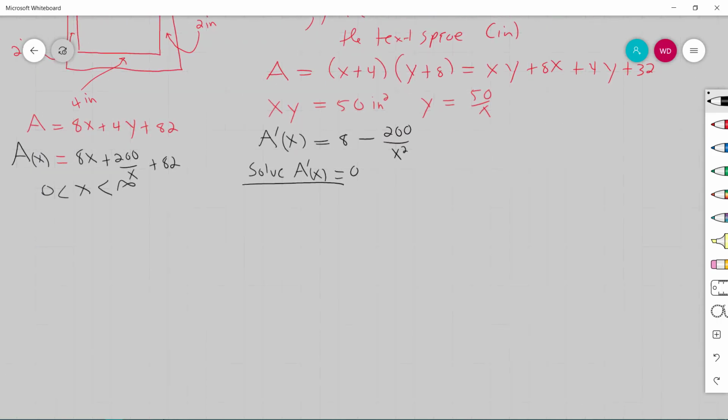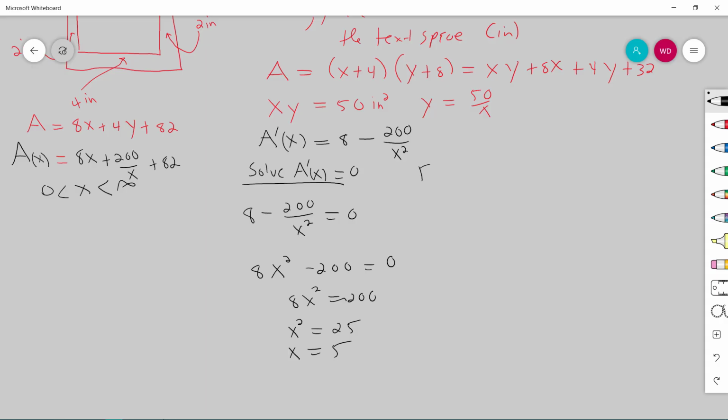That would mean 8 minus 200 over x squared equals 0, so x squared times 8 minus 200 equals 0. So 8x squared equals 200, and x squared equals 25. That means x is plus or minus 5, but only one of those numbers, 5, is in the interval I'm interested in. Of course, I'd also find everywhere that the derivative does not exist.